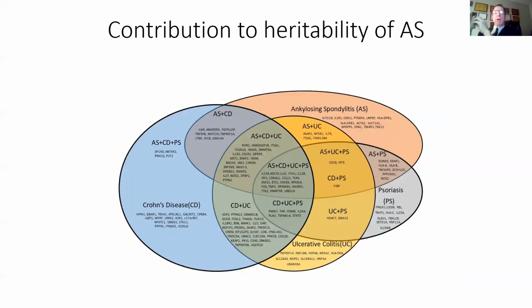And of course, a lot of other genes have been discovered with AS. Look at this circle right here. We also know there's a lot of overlap with the genes for ankylosing spondylitis, Crohn's disease, ulcerative colitis, and psoriasis. We now know of up to 133 different genes that are associated with susceptibility to ankylosing spondylitis.